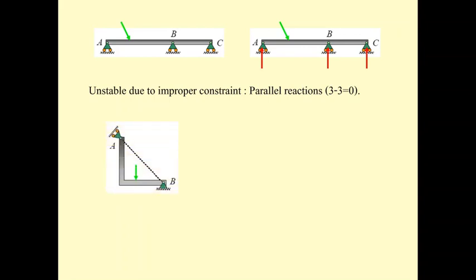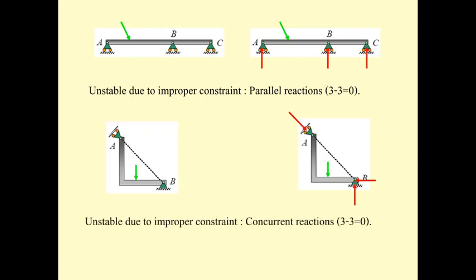Okay, coming to this frame, it has a pin at A, a pin at B, and a roller at A. The roller at A is specially rearranged until the line of action of the reaction at A cuts at B. By doing this, we get all the forces concurrent at B. So if we take the moment at B, the green force will multiply the eccentricity or moment arm here, and the summation of moment at B is not 0.